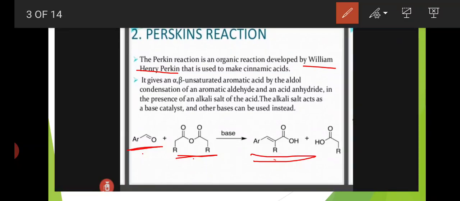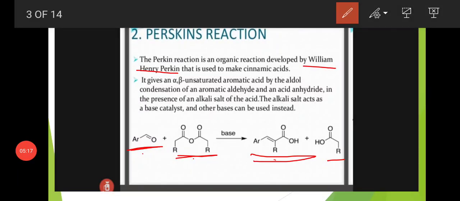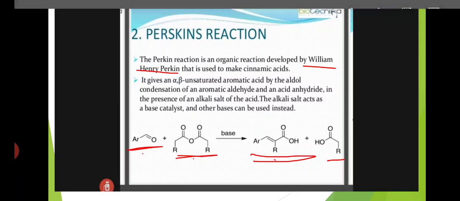This is the main product in the Perkin reaction, and another carboxylic acid is also formed as a byproduct. So, aromatic aldehyde reacts with acid anhydride in the presence of base and forms alpha beta unsaturated carboxylic acid.